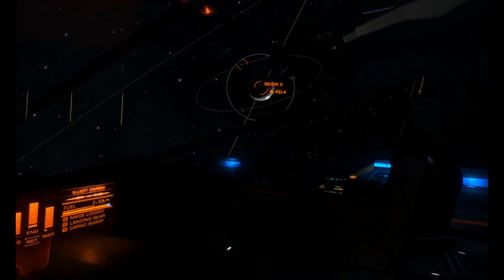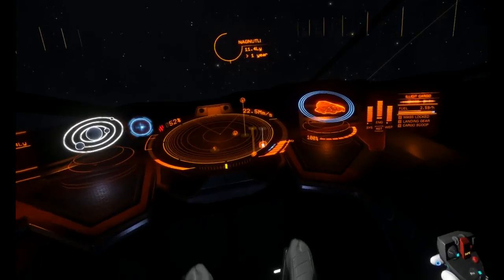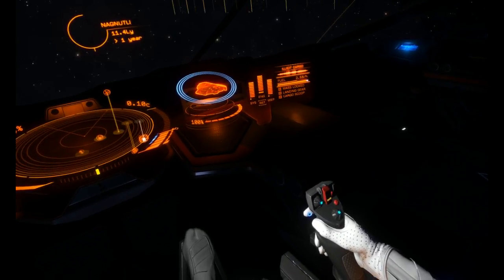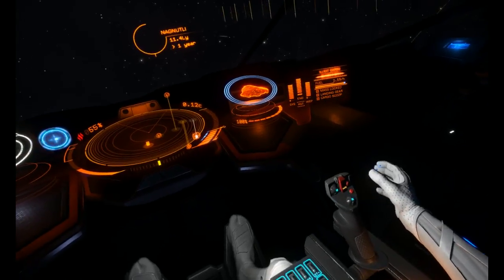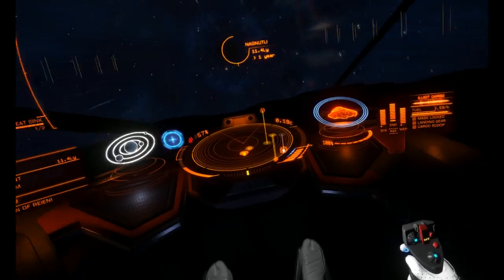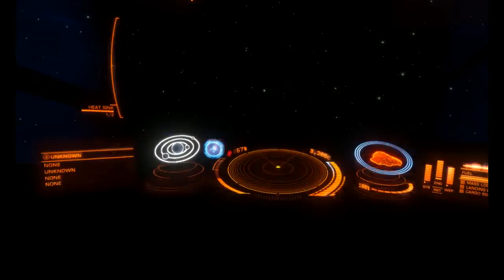Frameshift drive charging. Illicit cargo, which for some reason we did not have to worry about at the planet we were just at. Two, one, engage.